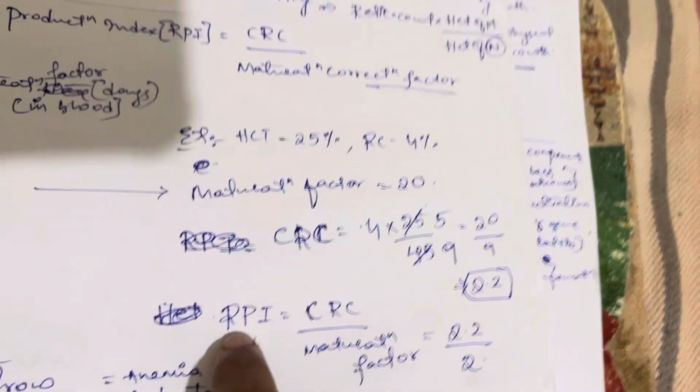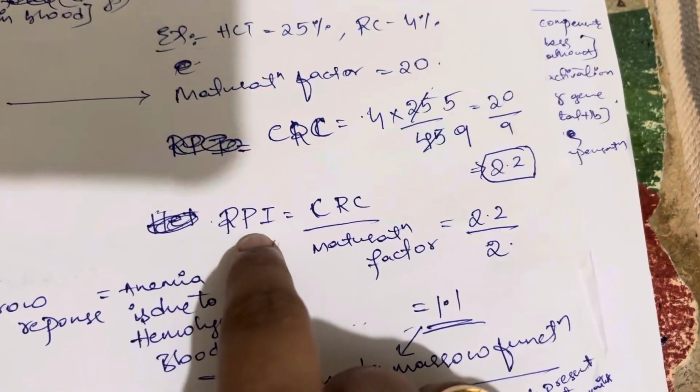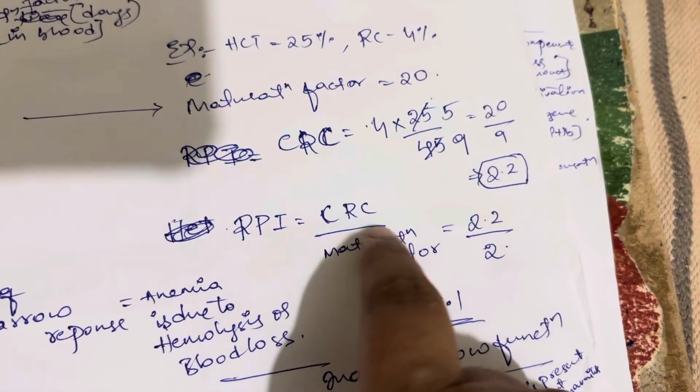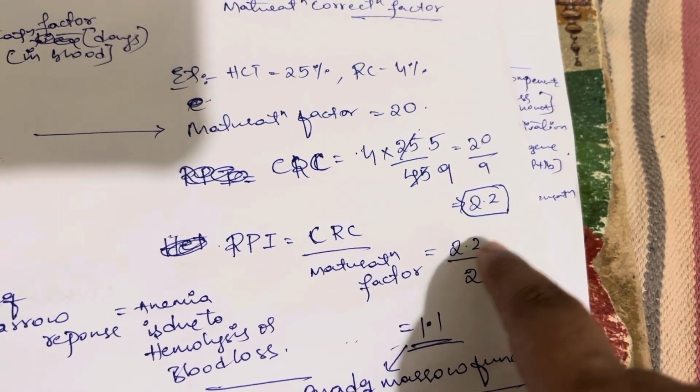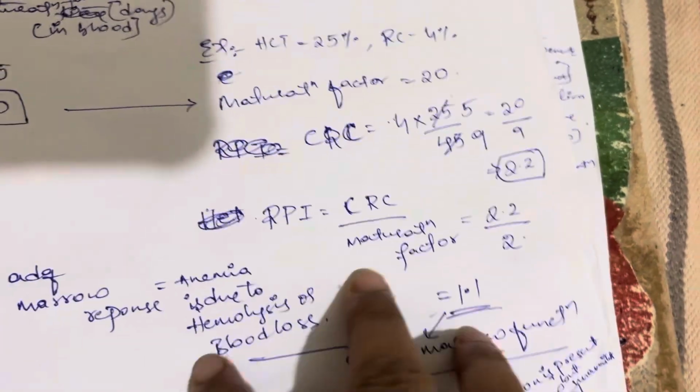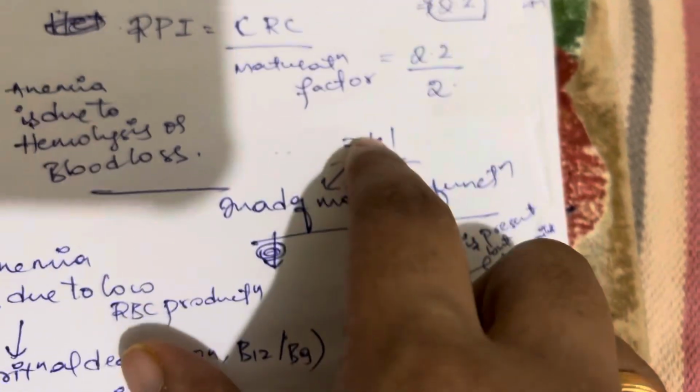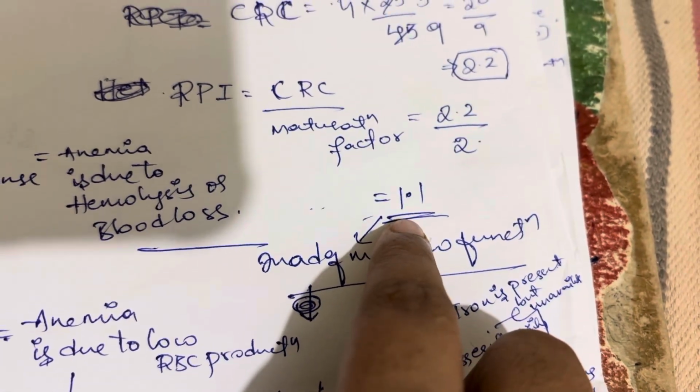Now the reticulocyte production index will be CRC divided by maturation factor, that is 2.2 by 2, which comes out to be 1.1.